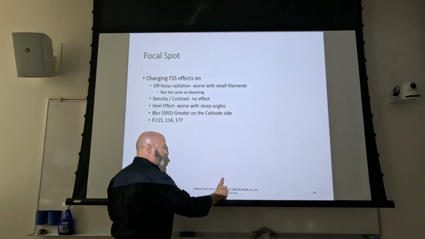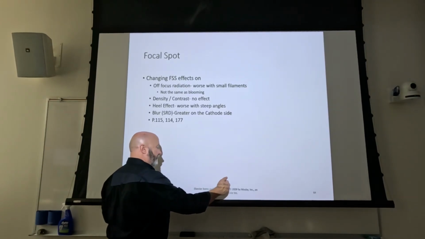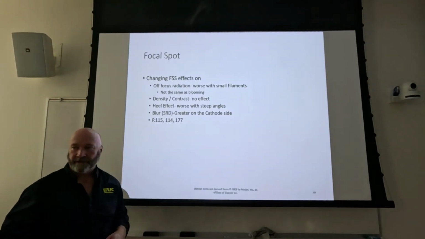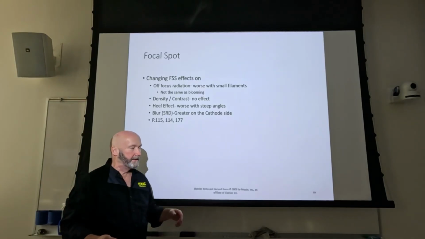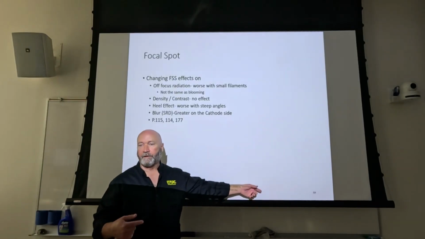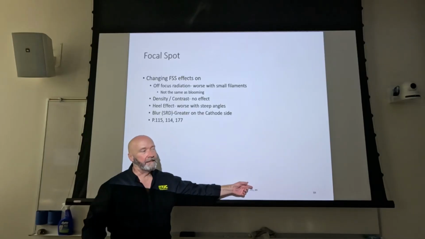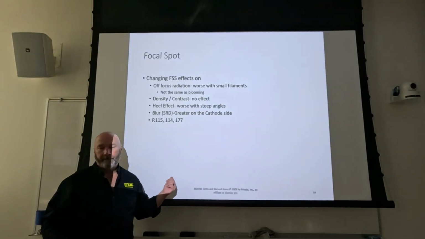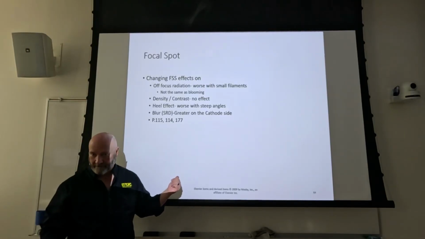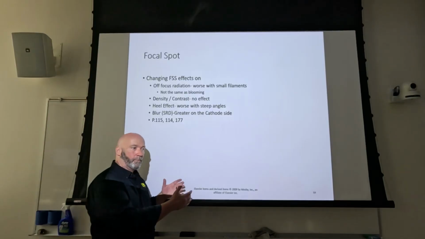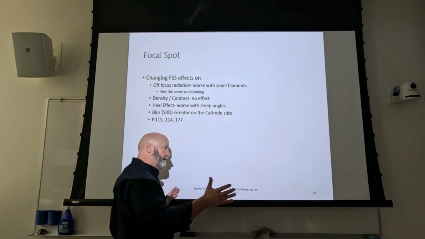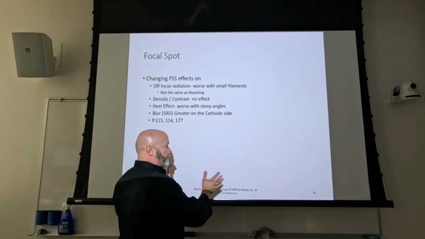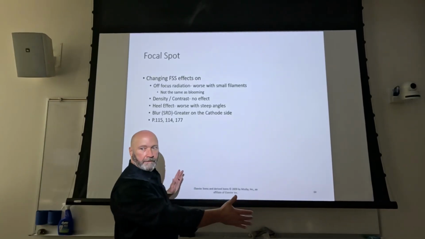So if we were to count the center of our central ray to be 100% of the intensity that we want, then the cathode end may be 120%, and the anode end may be 80%. That's with, let's say, a 40-inch distance with your collimators open all the way.